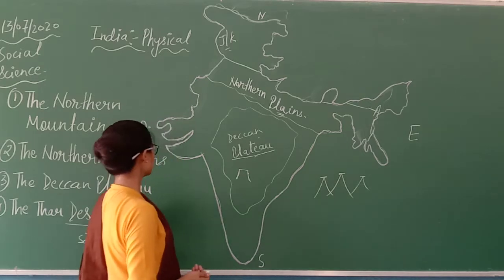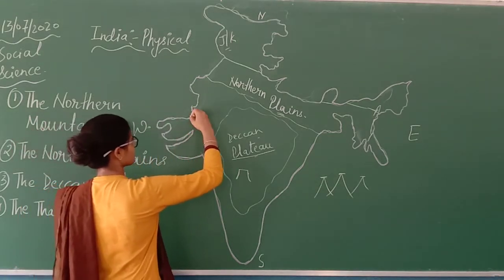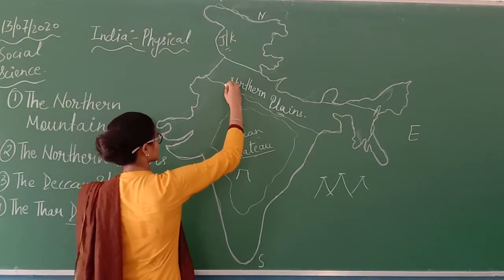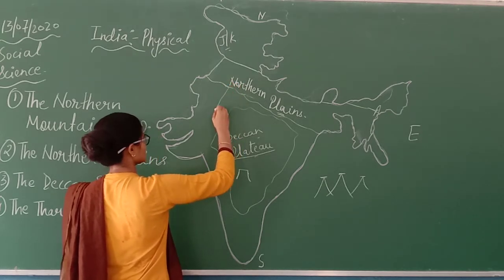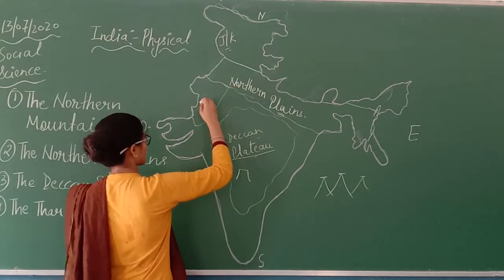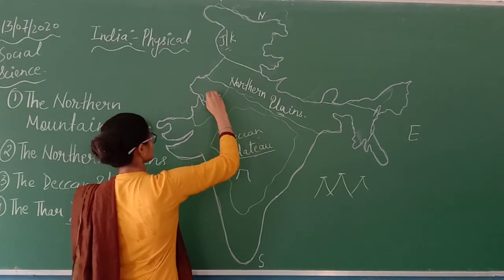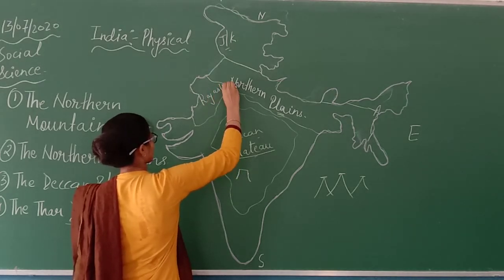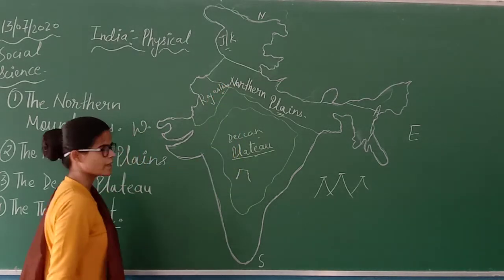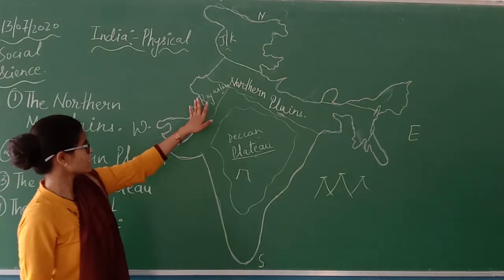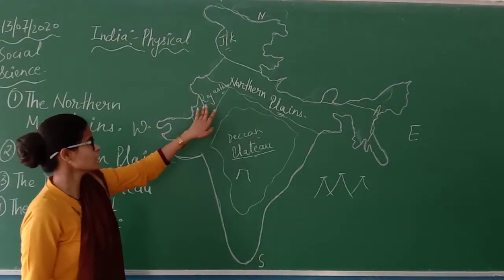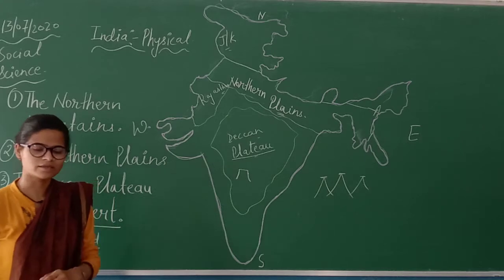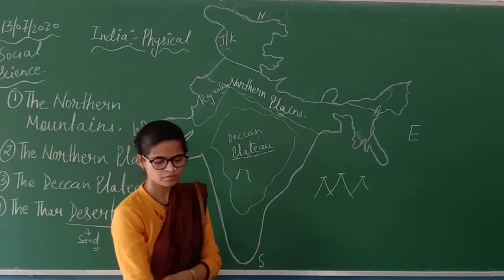This part, Thar Desert, lies in Rajasthan. That means राजस्थान में थार डेजर्ट है. So this area is Rajasthan and here Thar Desert is located.